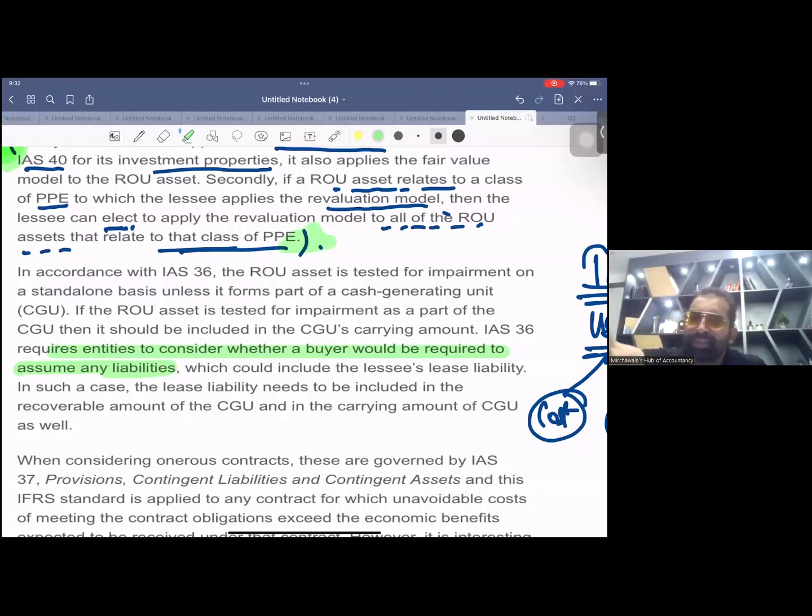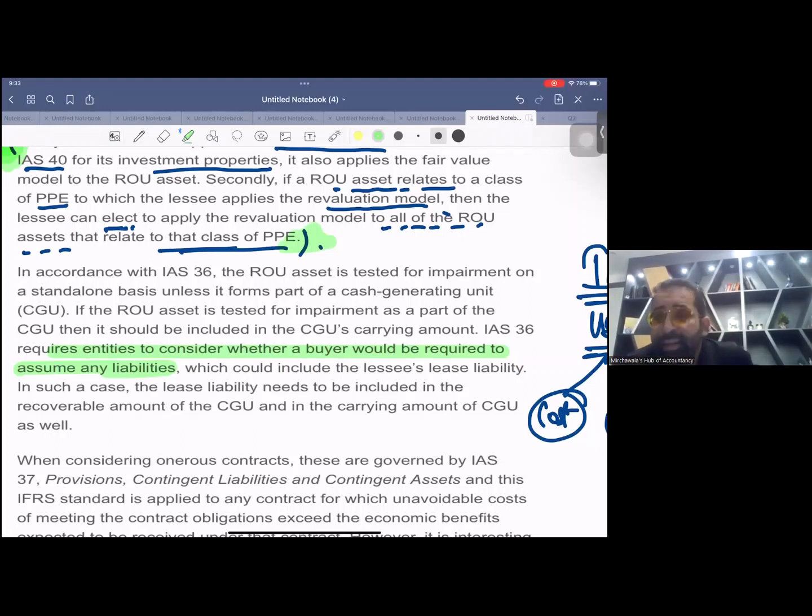So fair value means you will search for a buyer, how much amount the buyer is going to pay you for the running business. Okay, look at here. IS 36 says: is the buyer going to buy your business with liabilities as well?